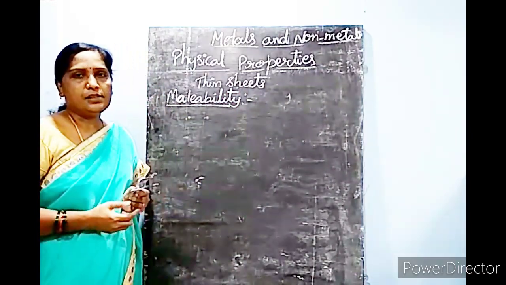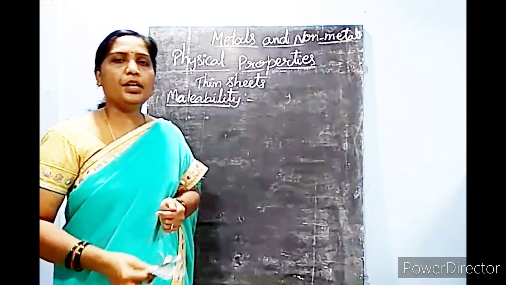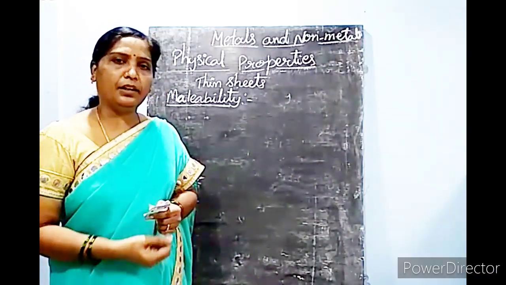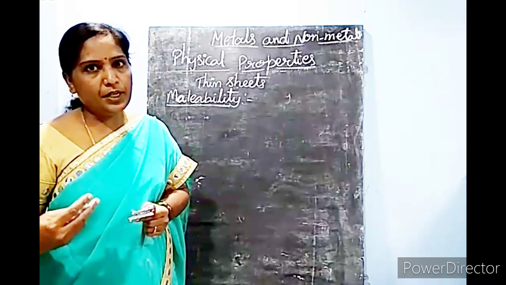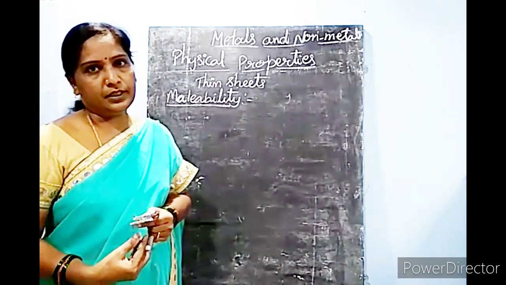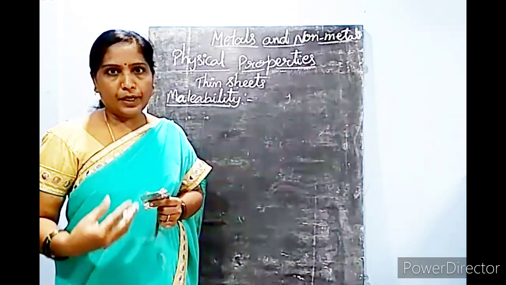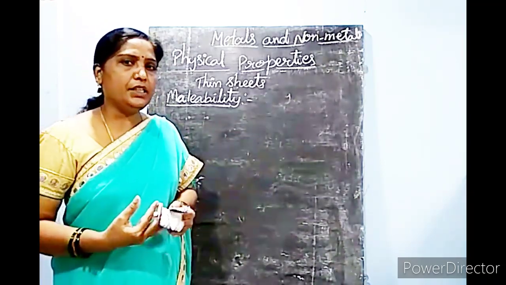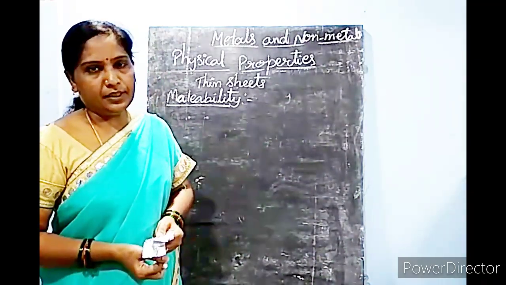The materials which show this malleability property are malleable. So aluminium is malleable. The metals which can be spread into sheets are malleable.